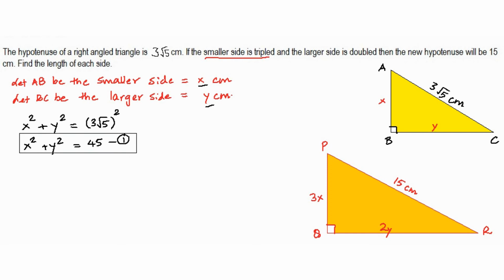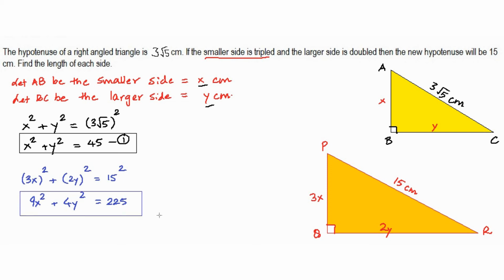And let us take the second triangle now. So in the second triangle, I can say 3x the whole square plus 2y the whole square is equal to 15 square, which means 9x square plus 4y square is equal to 225. So this forms my second equation, right? So this is the second equation that I have.